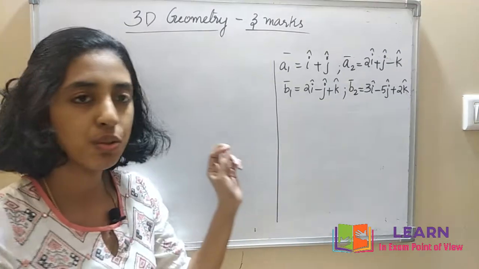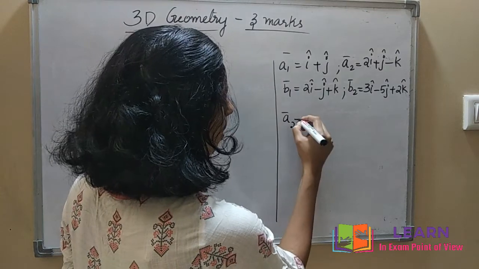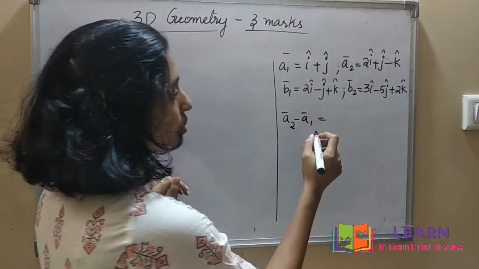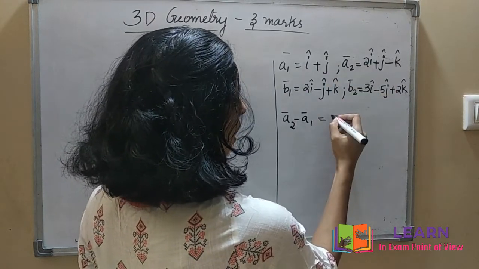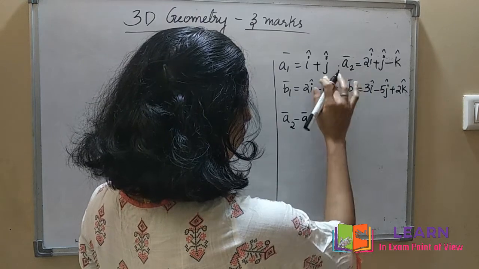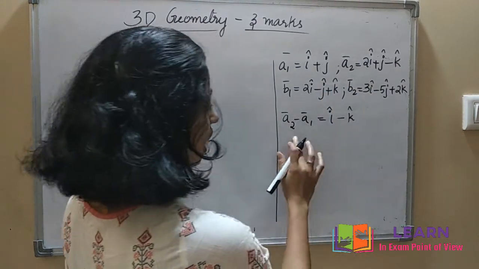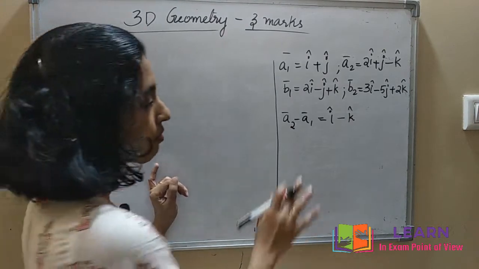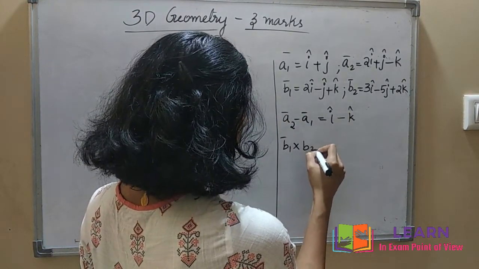So first we can do the calculations here. We need A2 minus A1. So this is A2, this is A1. So 2i minus i, j minus j is 0, so no j term, minus k. So this is A2 minus A1. Fine. Now we need B1 cross B2.